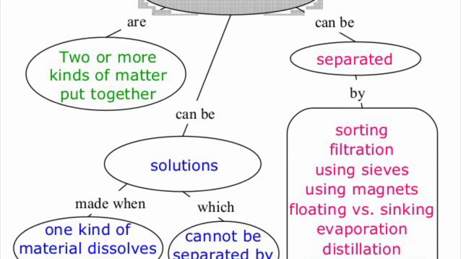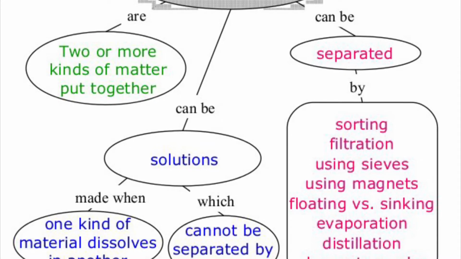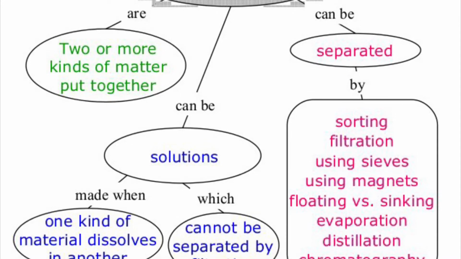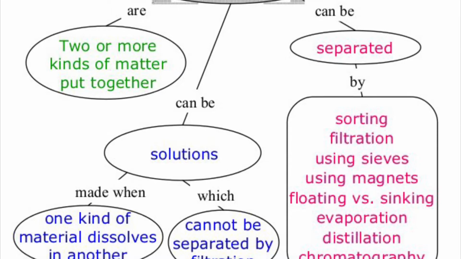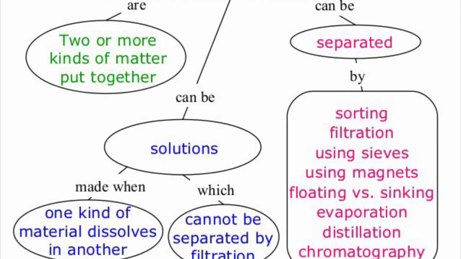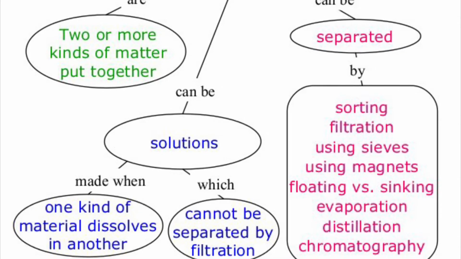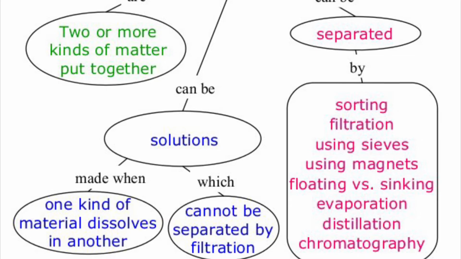Some industrial processes use a technique called fractional distillation to separate mixtures of liquids. The liquid mixture is heated in a device called a fractionation column.